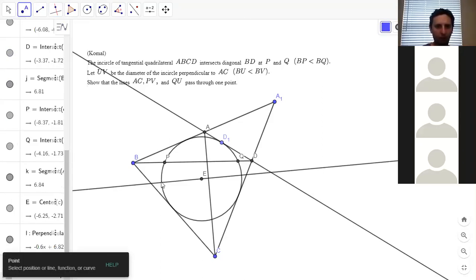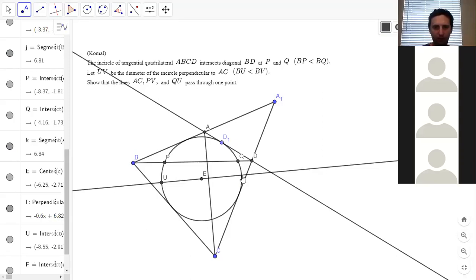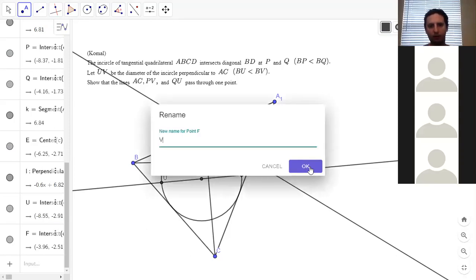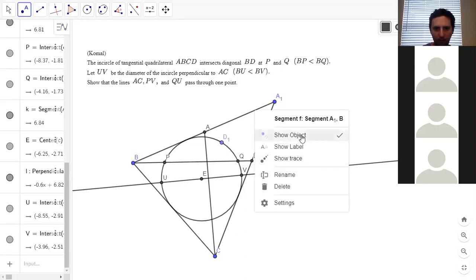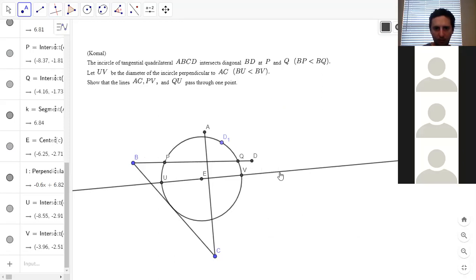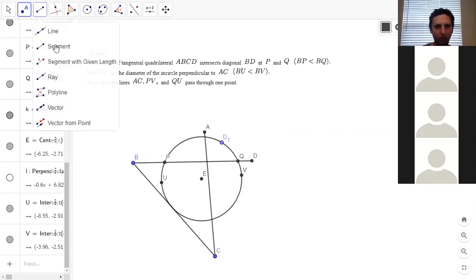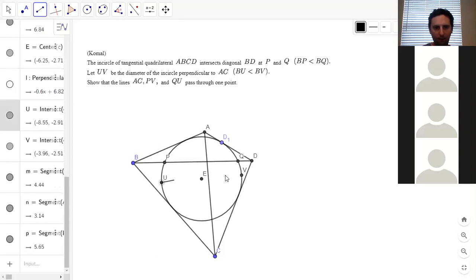So this is U, and this is V. And we want to show that AC, so let me hide stuff. We want to show AC, PV, and QU concur.